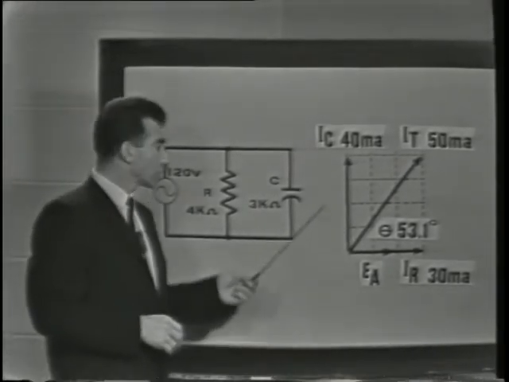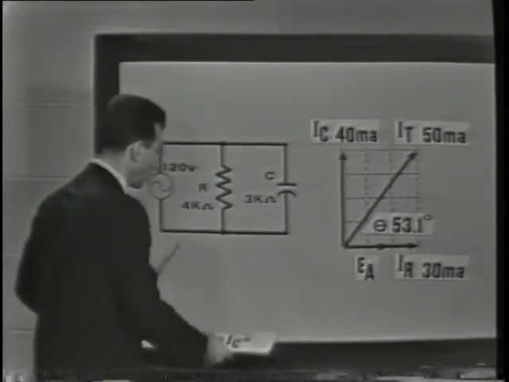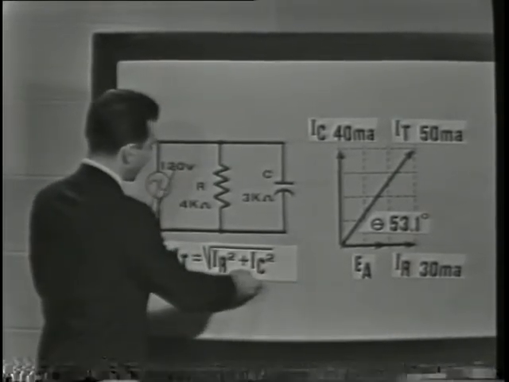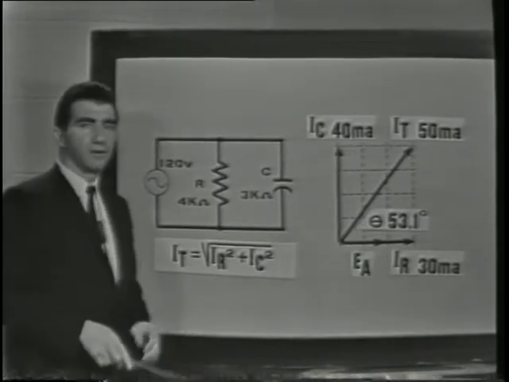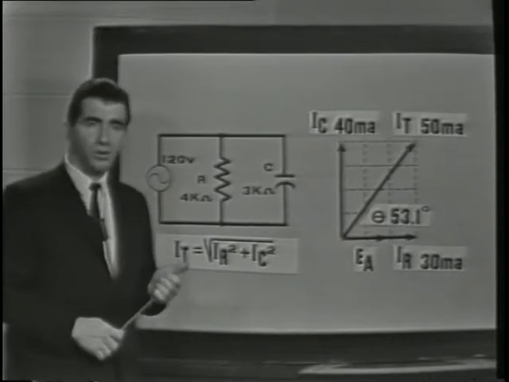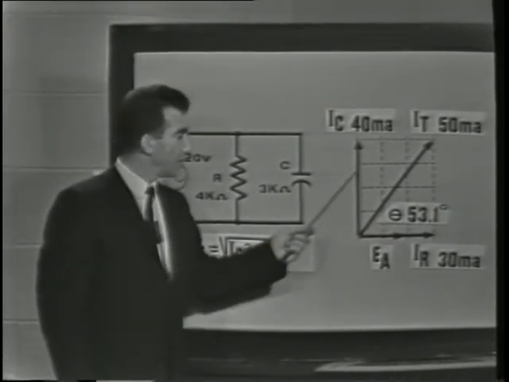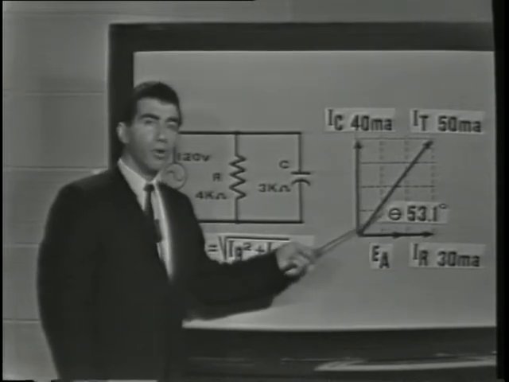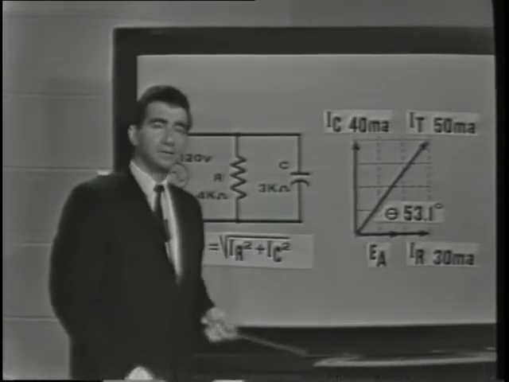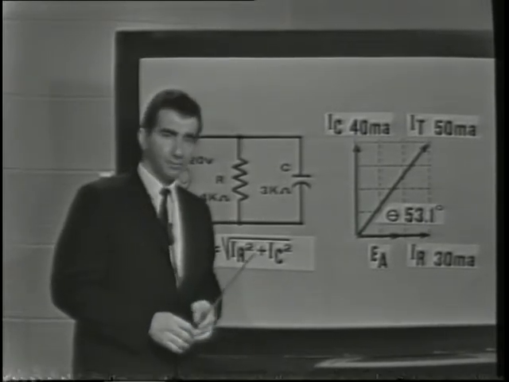The approximate total current could be discovered by measuring the resultant vector on the graph, or, more accurately, by using Pythagorean theorem. Total impedance in the circuit was found by using Ohm's law also. And the phase angle can be determined, once again, by simply measuring the graph, or, more exactly, by calculating the sine or cosine of angle theta, or the tangent, and using the trig tables.